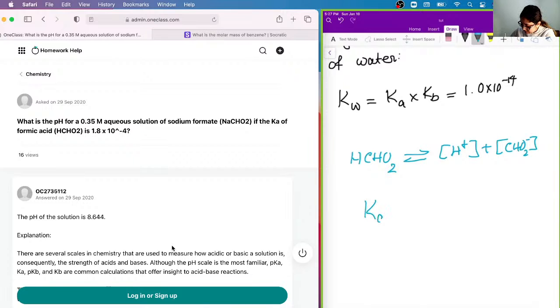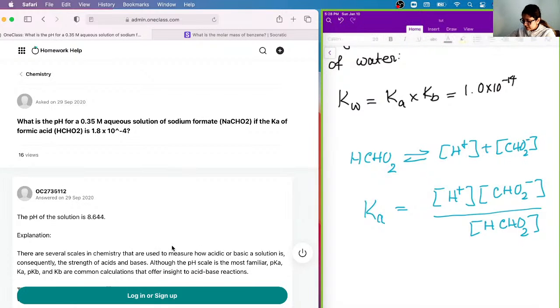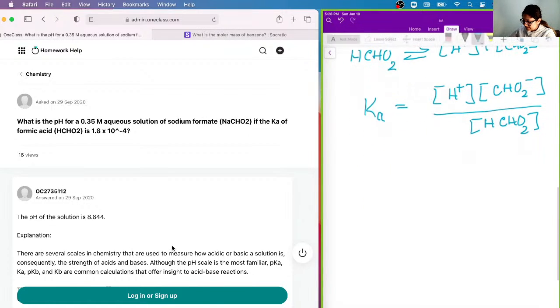We want to express this as Ka. Ka is equal to the products, H plus times CHO2 negative, over your acid, HCHO2.